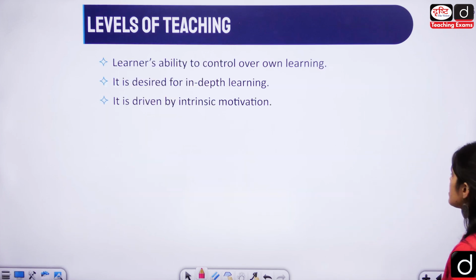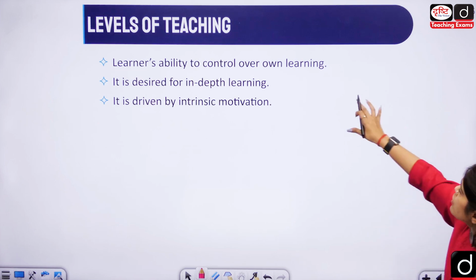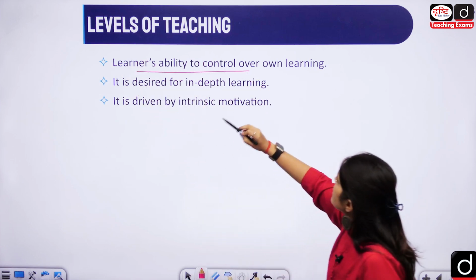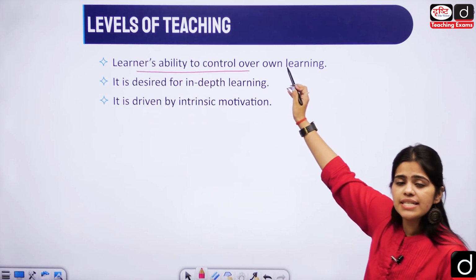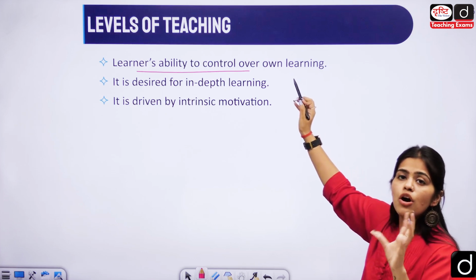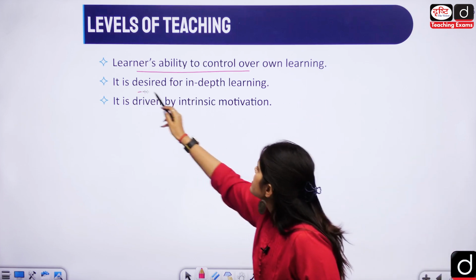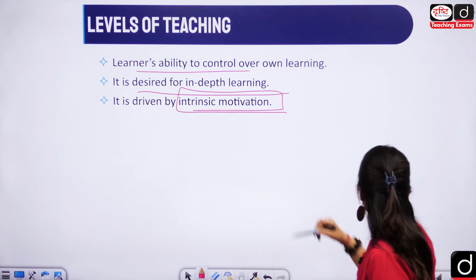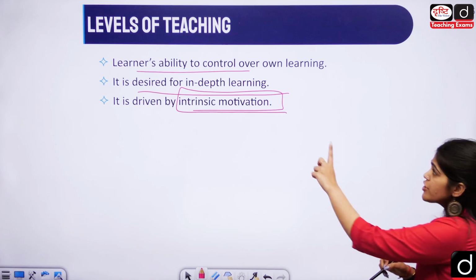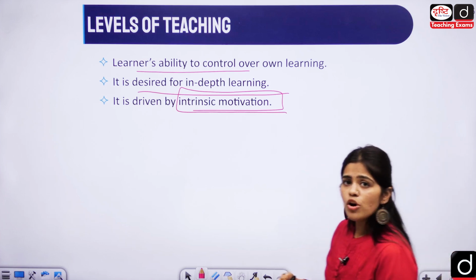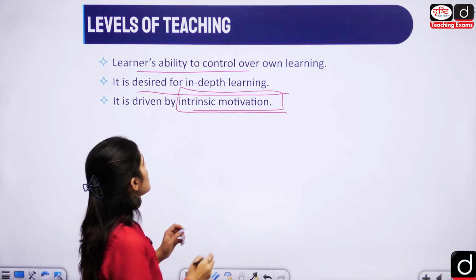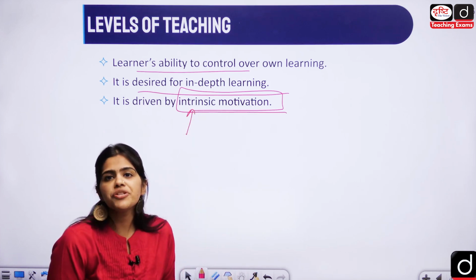So when it comes to the three levels of teaching, and when it comes to the autonomous, let us discuss these things also. Learners' ability to control their own learning is seen when we talk about the autonomous development. It is desired for in-depth learning, and intrinsic motivation is needed. When we are talking here about the autonomous development, we see that there is a lot of intrinsic motivation.